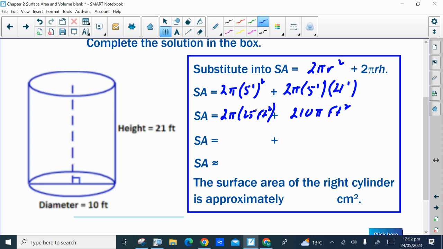We could multiply the 2 and the 25 together and get 50 pi square feet plus 210 pi square feet. And because both terms are written as a multiple of pi, we can actually add these together. If you have 50 of something and you add 210 more, that would give you 260 of those things. 260 pi square feet. That's the exact answer for the surface area of that cylinder.